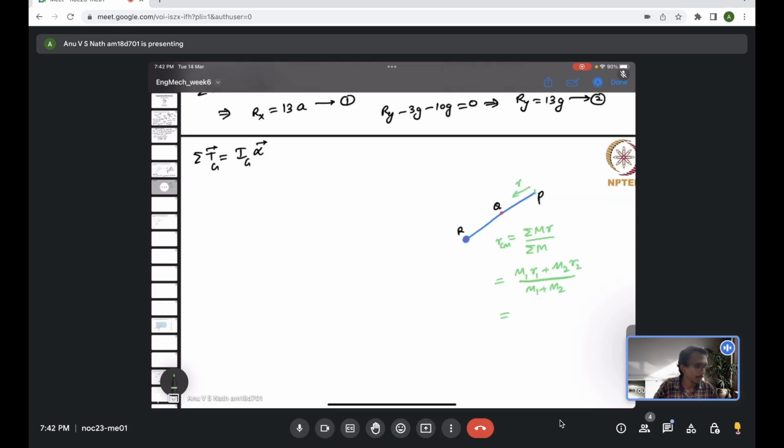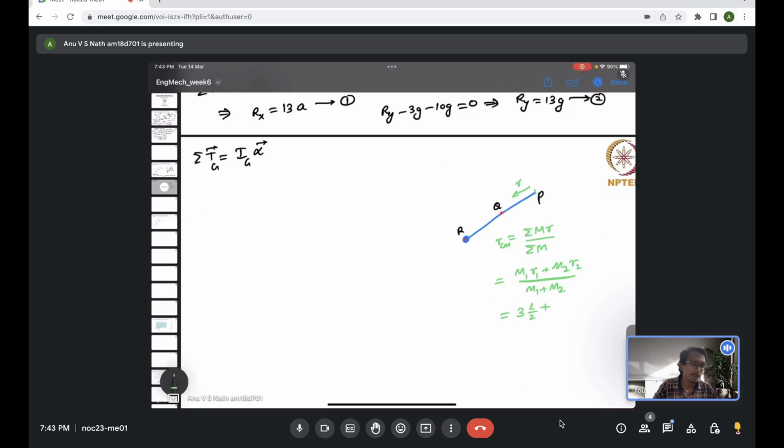Here the first body is the rod, whose mass is 3 kilogram, times R1, the distance measured from P, because we are choosing that as the coordinate system. The center of mass is at Q, so the length PQ is the distance R1, which is L by 2, half of the length.